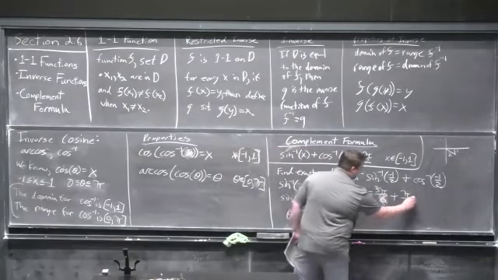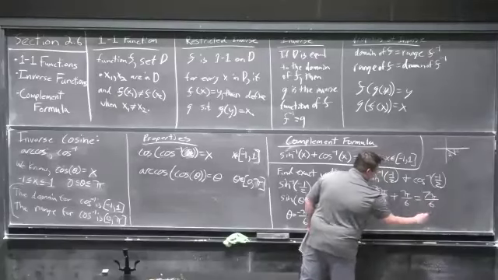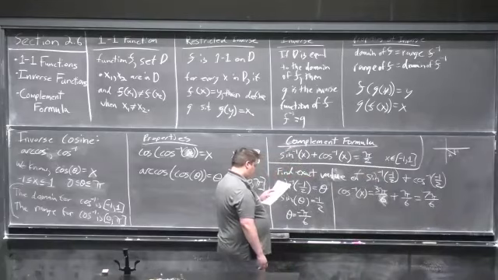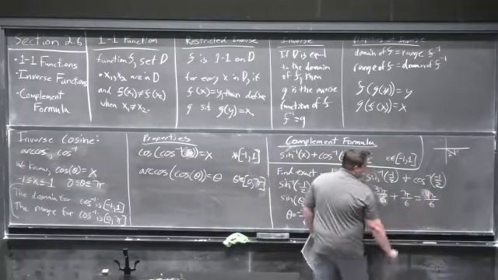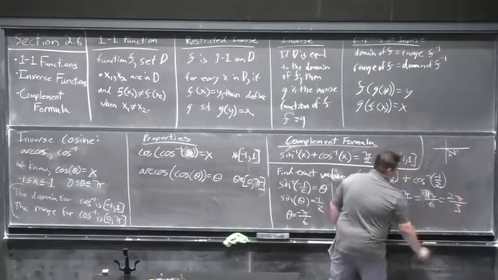And that gets us, oh, sorry, 4 pi over 6, which I can reduce to 2 pi over 3.